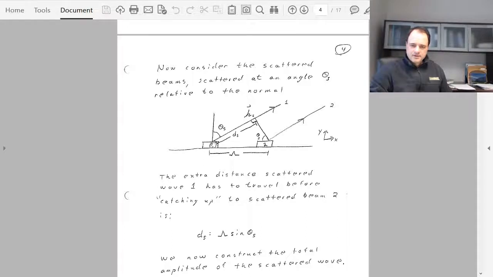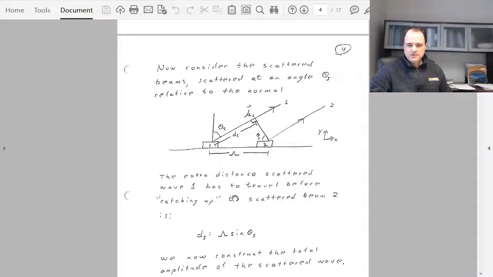So basically, this scattered wave has to go this whole extra distance before it catches up to the plane wave component being emitted by scatterer 2. So this is an extra distance the EM field has to travel to get to the starting position as defined by scatterer 2.